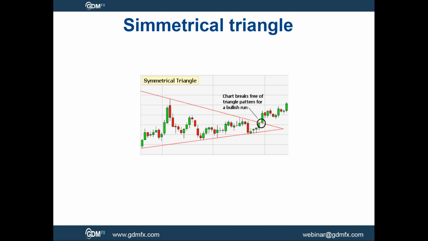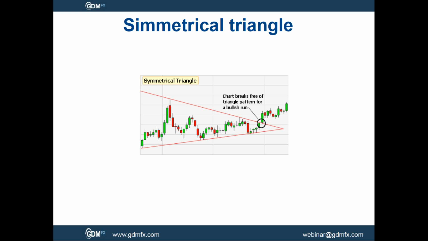The symmetrical triangle is mainly considered to be a continuation pattern. That signals a period of consolidation in a trend followed by a resumption of the prior trend. It is formed by the converging of a descending resistance line and an ascending support line.